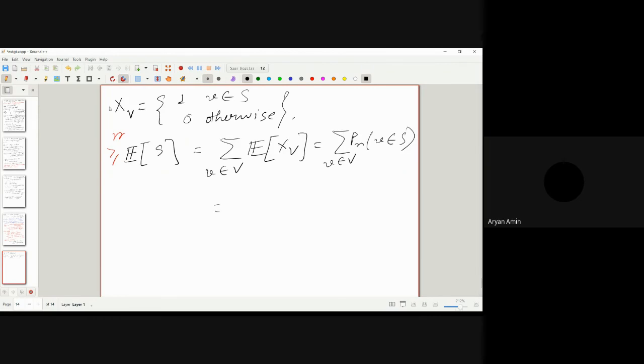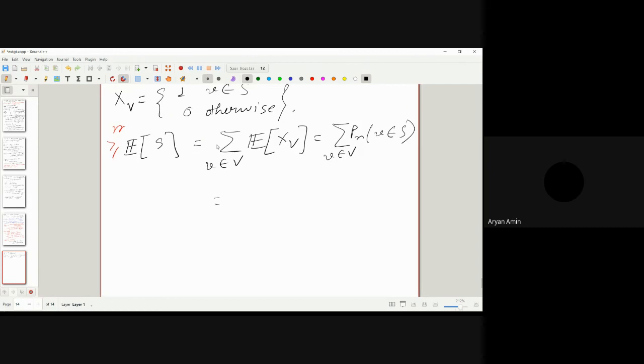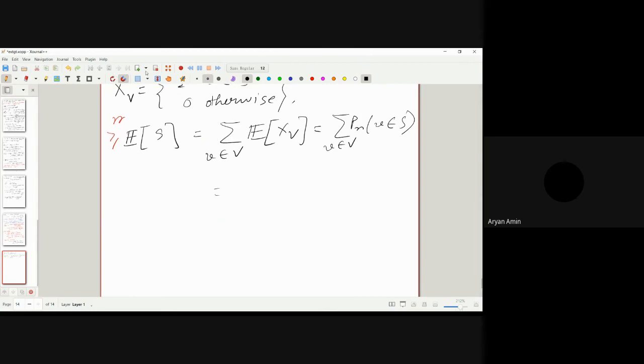Consider a vertex v belonging to V and all n minus 1 minus degree of v of its non-neighbors. Non-neighbors basically means those who aren't adjacent to v.